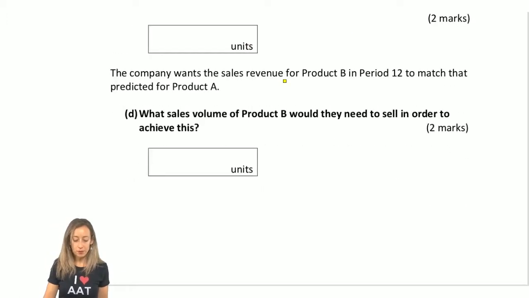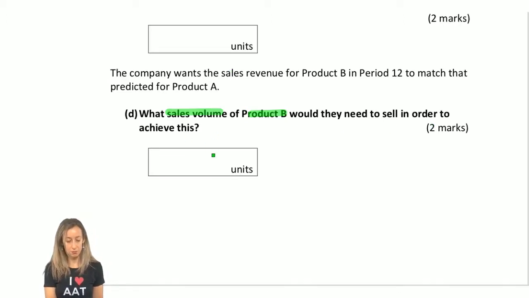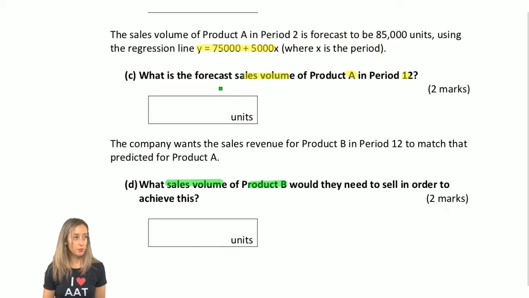But then let's have a look at part D, find out if it's not any easier. Part D says, what sales volume of product B would they need to sell in order to achieve this? To achieve what? Well, we are told now the company wants the sales revenue for product B in period 12 to match the predicted for product A. Oh, but wait a second.